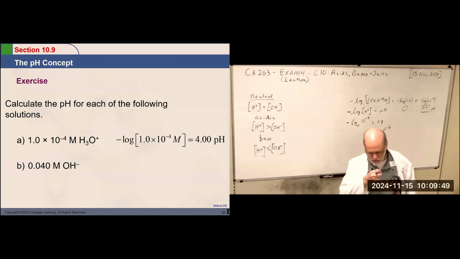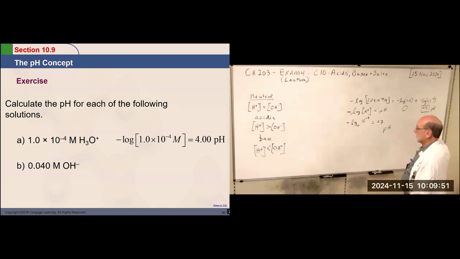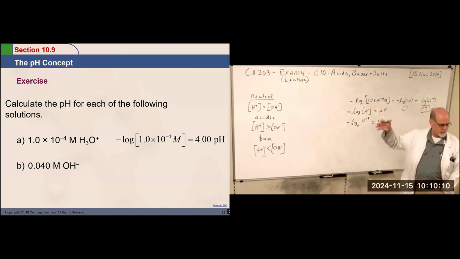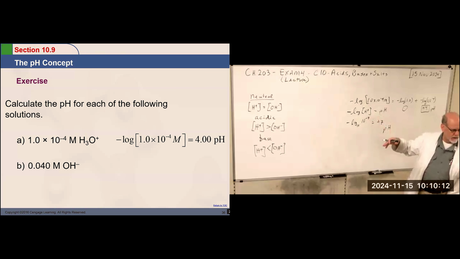There you go. Oh, significant figures. This is the way logarithms work. For significant figures, you do have to know the coefficient in order to determine the significant figures.